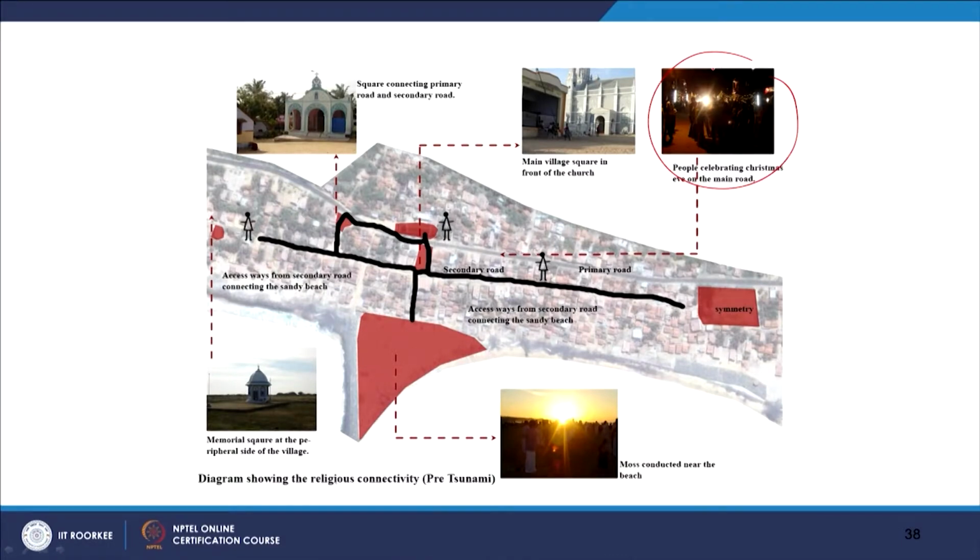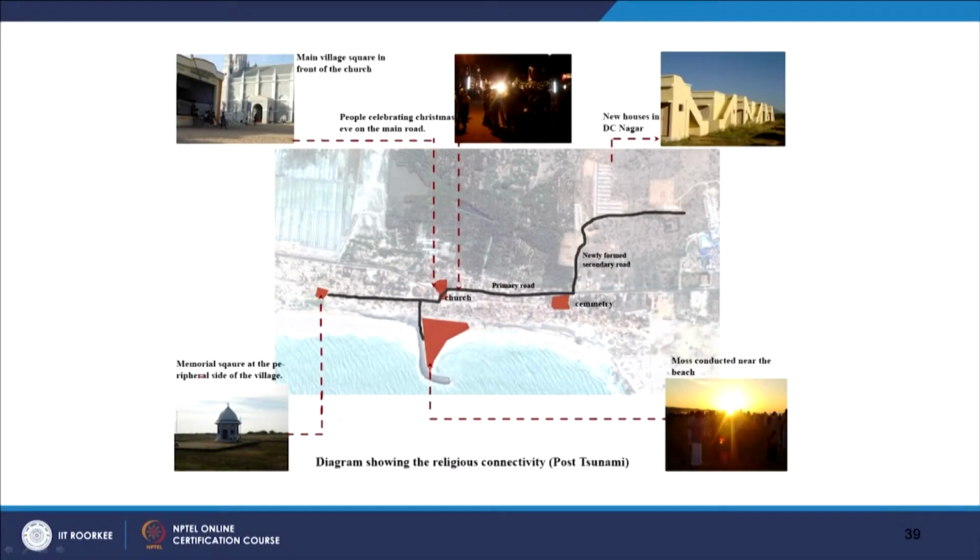In the new clusters, you can see that not much is happening. In fact, the church is making efforts to conduct open masses on the shore. So in the new situation, those celebrations have gradually diminished, because access to the religious places and the political meetings has diminished.